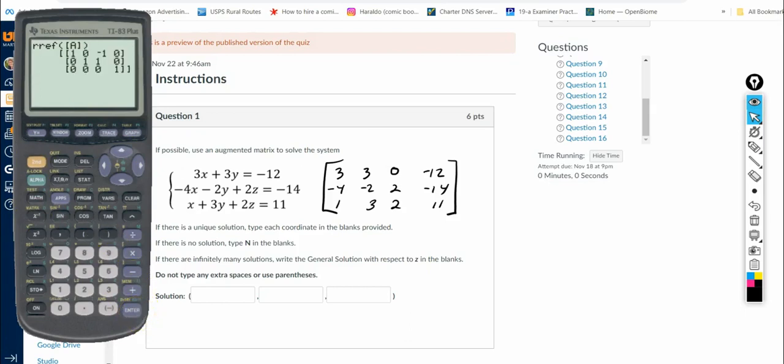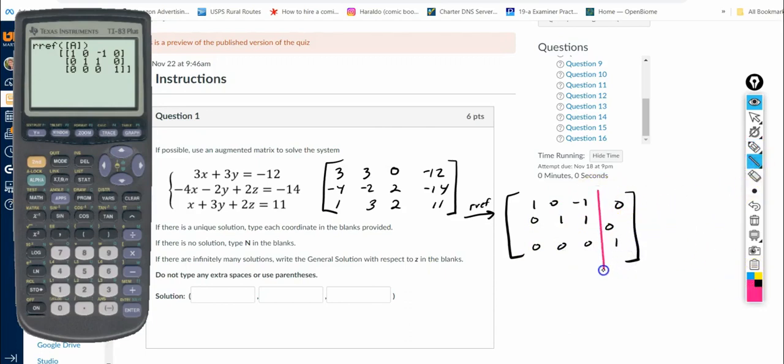Okay, so that's telling me when I get it into row reduced echelon form, so now if I go from a matrix to a system, then the first row tells me, so the first column is my coefficients for x, then my coefficients for y, and my coefficients for z.